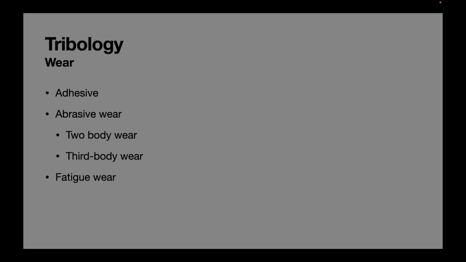To summarize, wear can be adhesive wear, abrasive wear, which includes two-body wear or three-body wear, and fatigue wear, which begins as surface and subsurface cracks due to strain induced by cyclical loading.